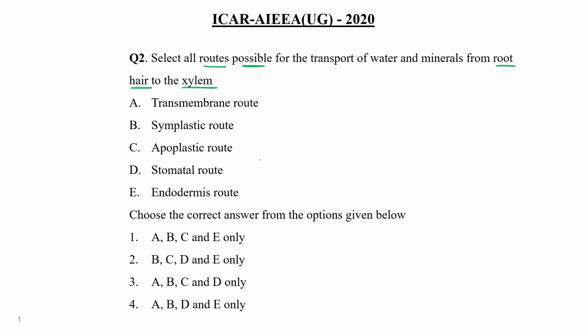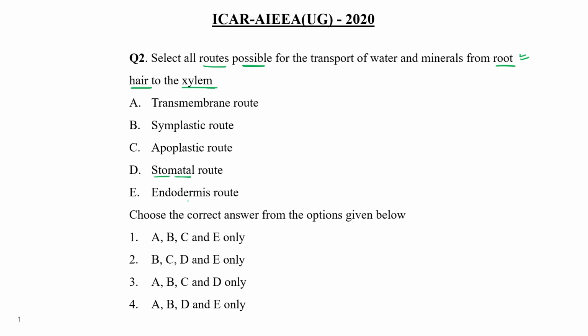Movement is without use of energy, according to concentration gradient, but movement occurs with both of these routes. But the stomatal route is the only option which is used by the leaf, because stomata are present in the leaf, while in the question they are asking about the root, right?